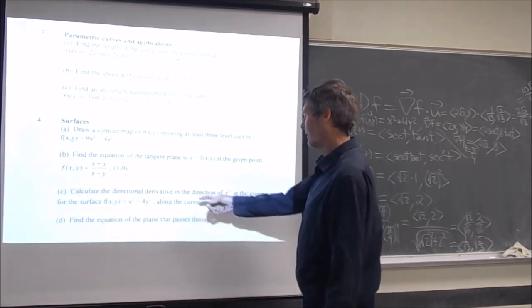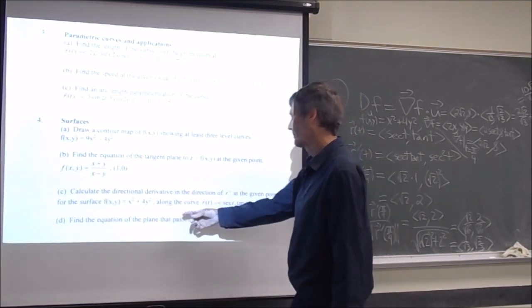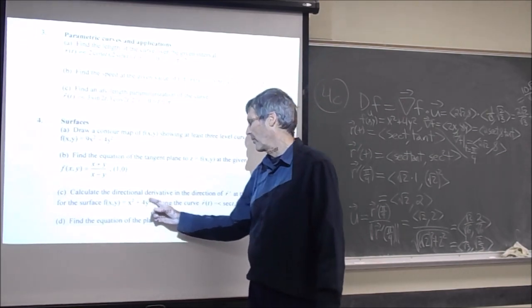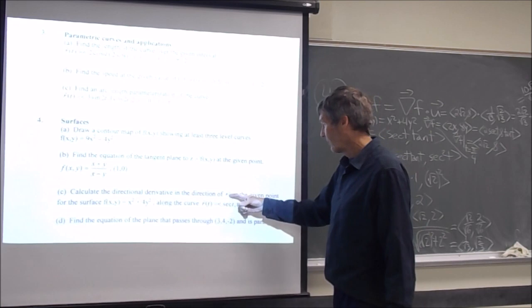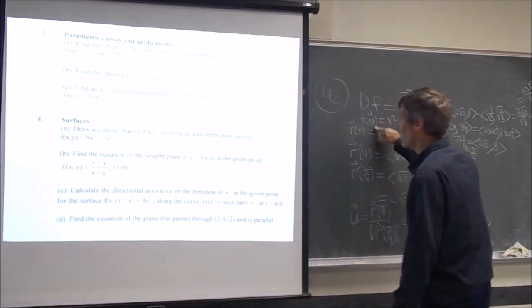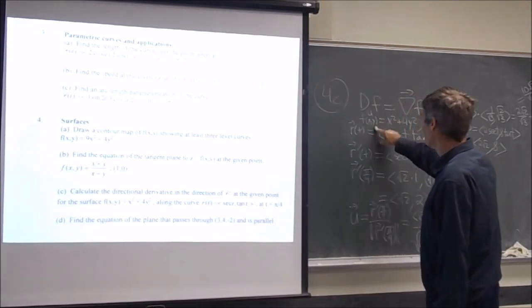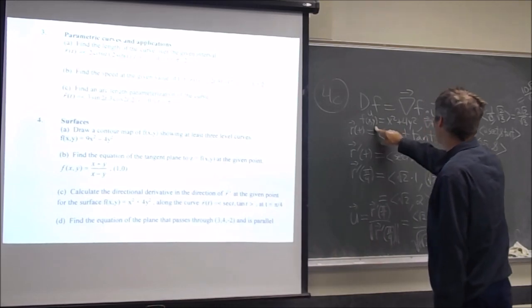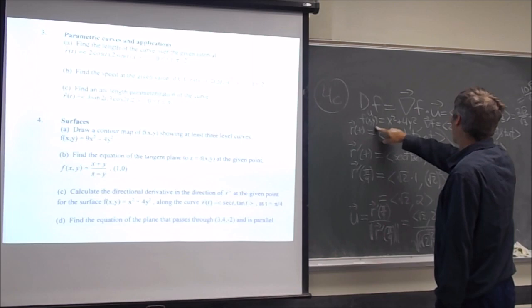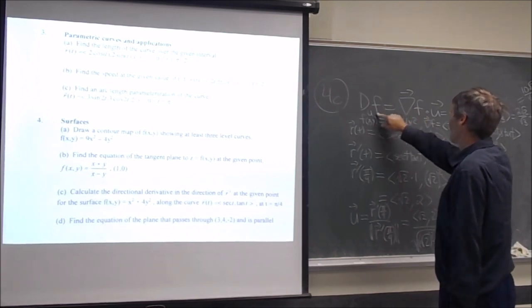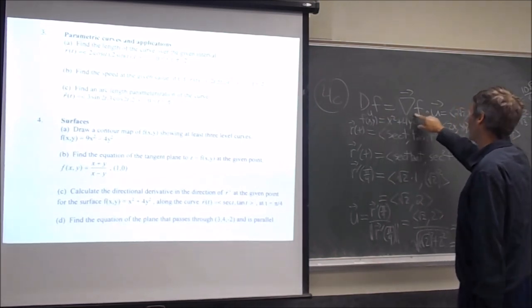Let's just say if I want to take the directional derivative with this surface, z equals x squared plus 4y squared, in the direction of r prime, then I need first to compute the point of tangency. The directional derivative is the gradient of f dot u.